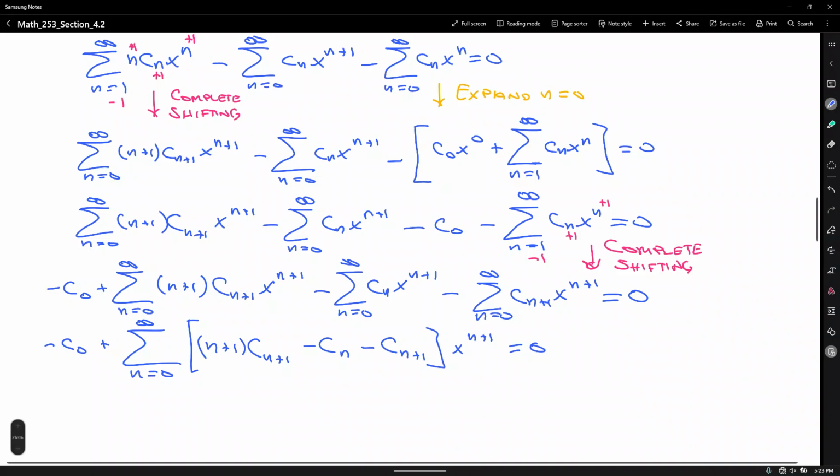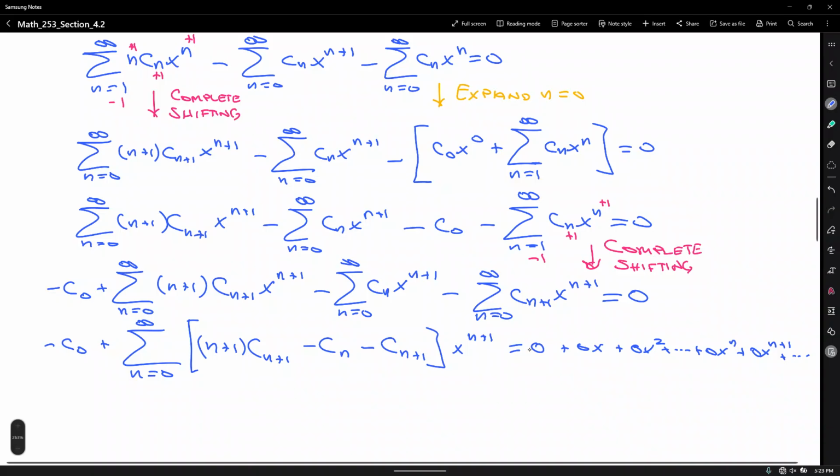Do you guys agree that this is 0 plus 0x plus 0x squared plus dot dot dot plus 0 x to the n plus 0 x to the n plus 1 dot dot dot? Do you guys agree with that right hand side? It's all zeros, because those are the coefficients: zero coefficient of x, zero coefficient of x squared, etc.